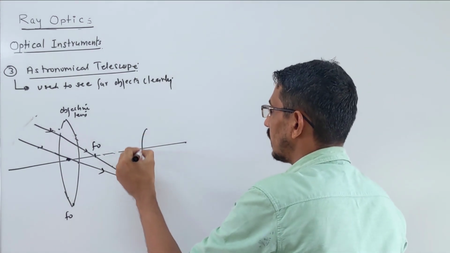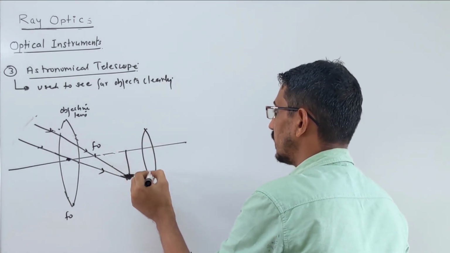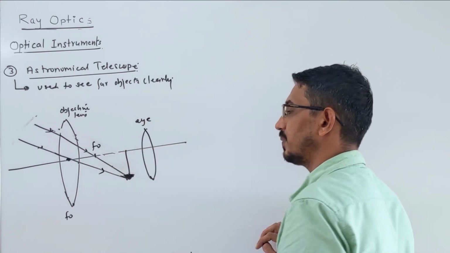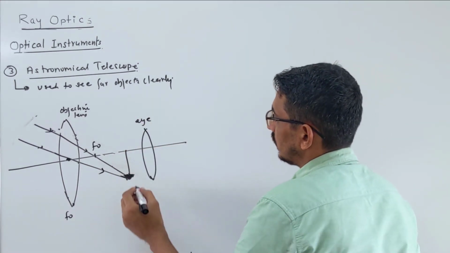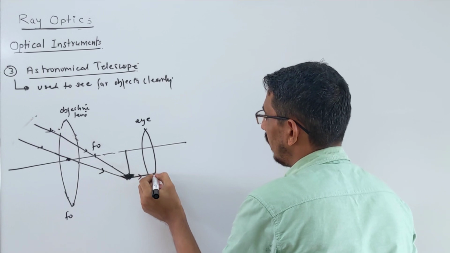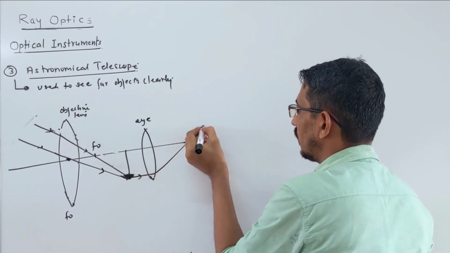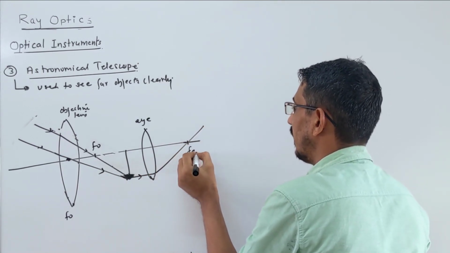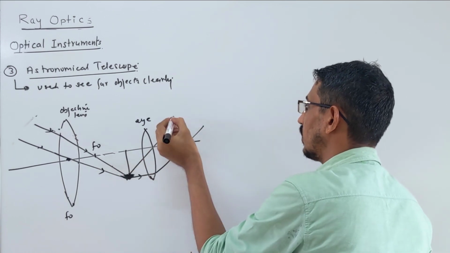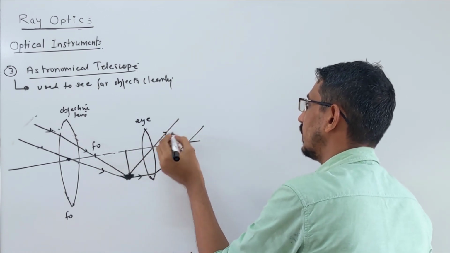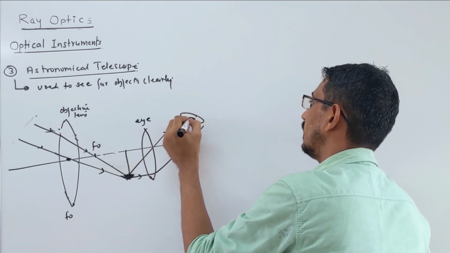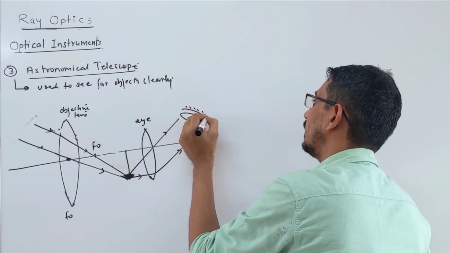Now near to this we have a small lens. This is your small lens, called your eyepiece, correct? One ray coming parallel will pass through the focus of this, that's called Fe. One ray passes through the optical center, like this. Here is again your eye.